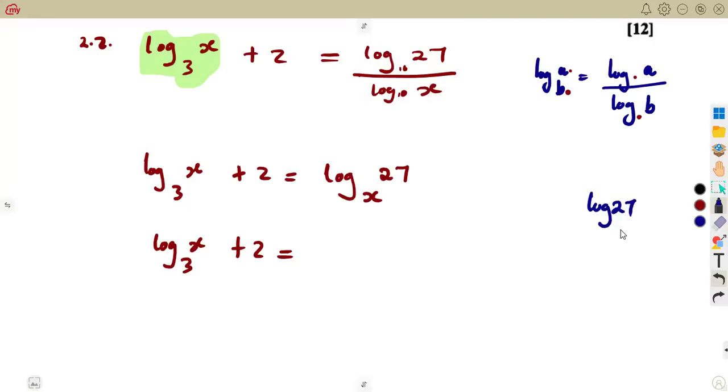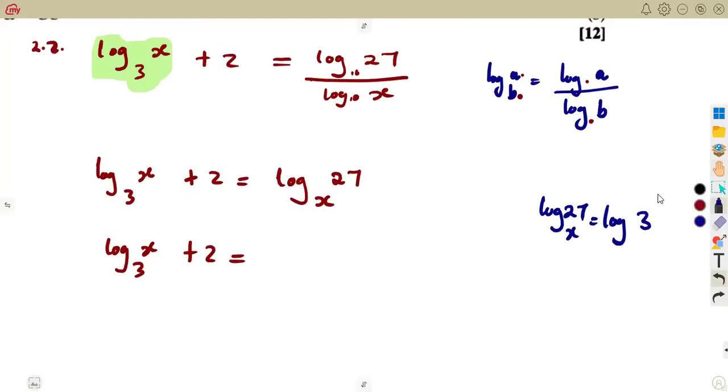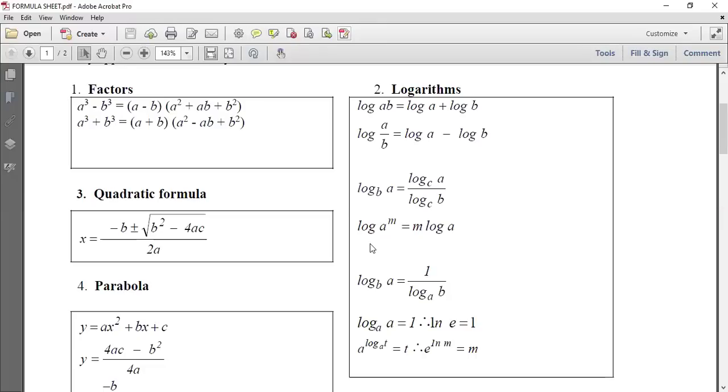This one is the same as log 27, as a number, is 3 to the exponent of 3. So remember, from our laws of logarithms, guys, we can drop that exponent if you are given an exponent on your log here. Let's go back to our formula sheet here.